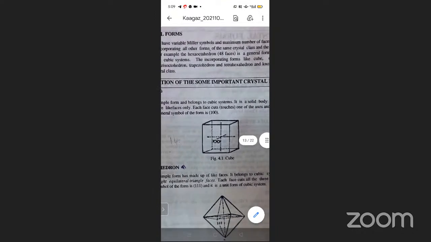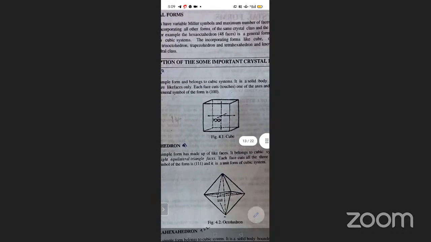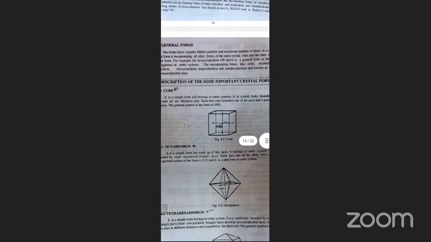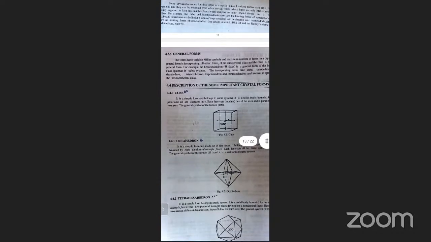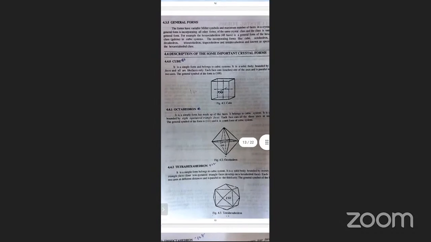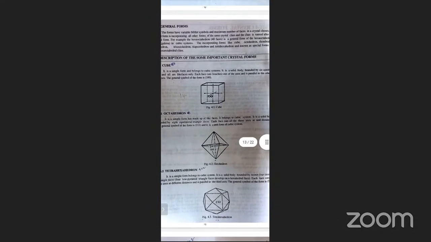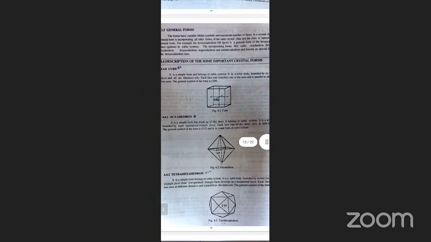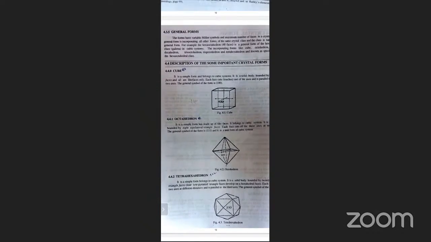Here each face cuts one of the axes and is parallel to the other two axes.